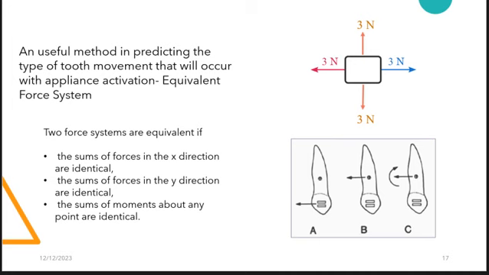For example, if someone pushes a person on the left side with a million pounds of force and another person does the same on the other side, the person will not move at all. When we are applying force to the teeth, it is impractical to place the forces at the center of resistance as it requires a high pain threshold. However, an equivalent force system can be placed on the tooth. So the force system at the center of resistance is system 1 and at the tooth is system 2.